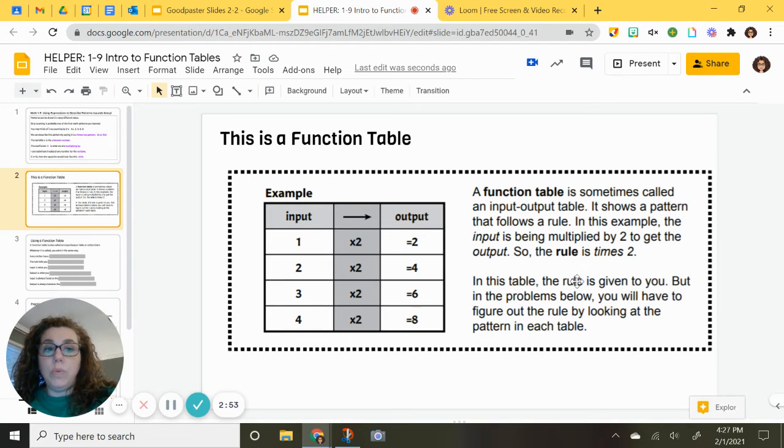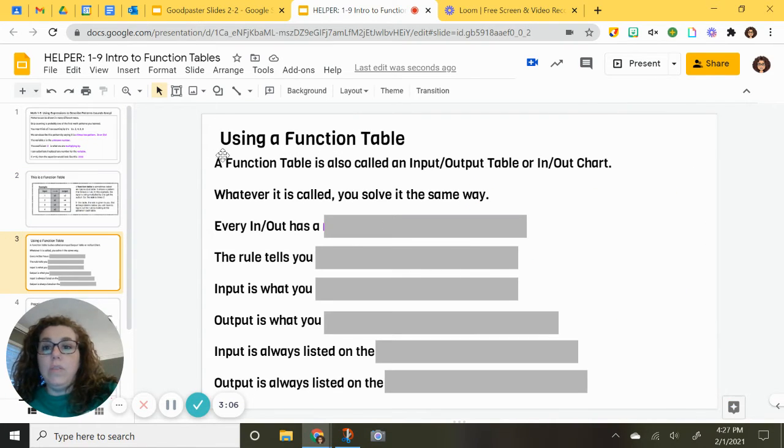In this table, the rule is given to you, but in problems below, you will have to figure out the rule by looking at the pattern. We'll get to that in just a minute. So let's go over some of that vocabulary. A function table is also called an input-output table or in and out chart, graph, whatever.